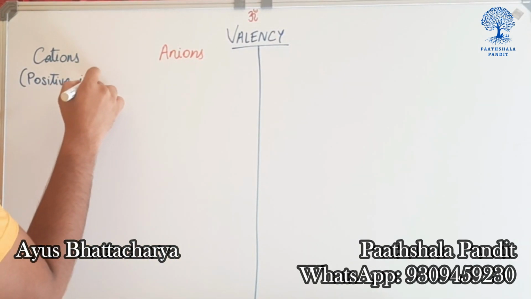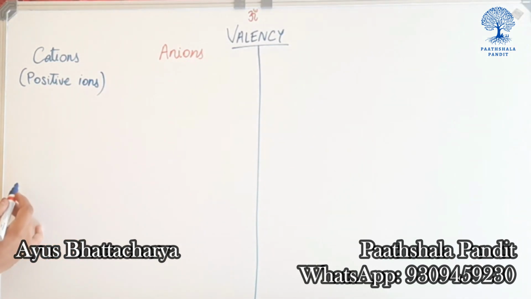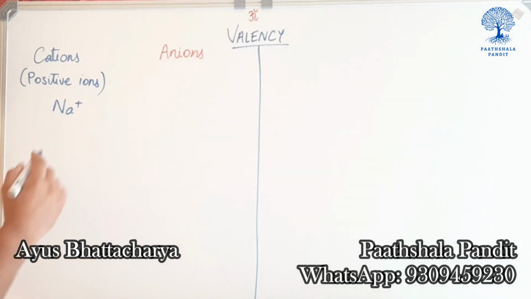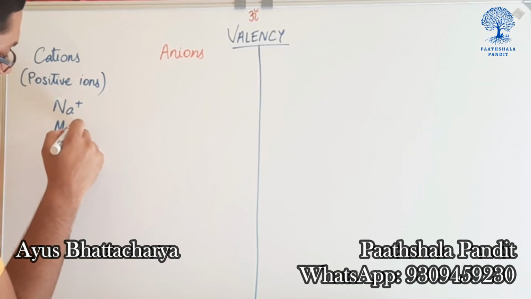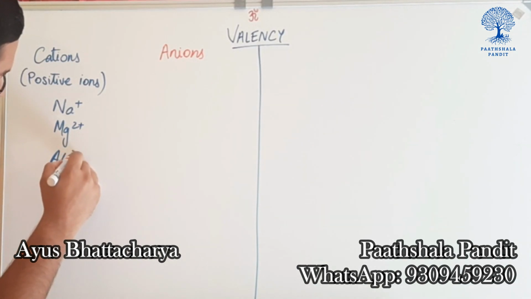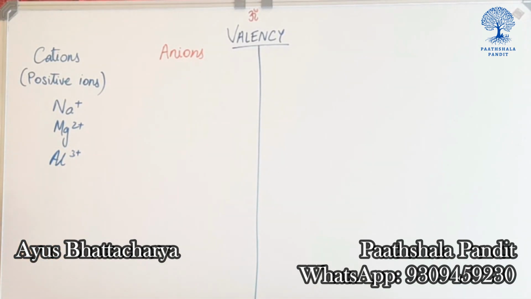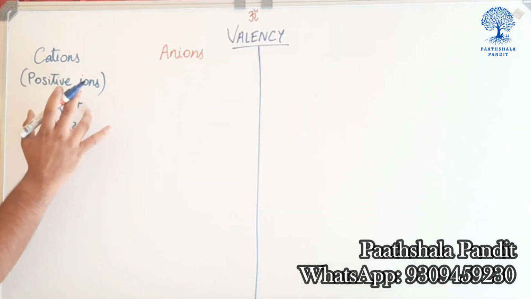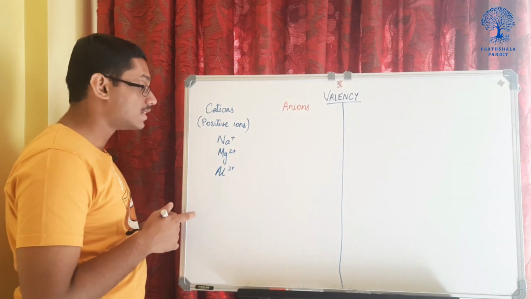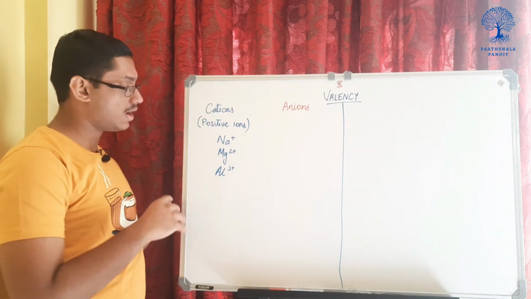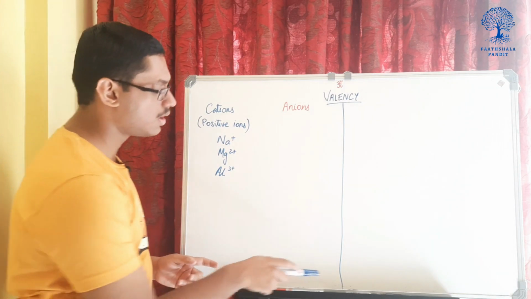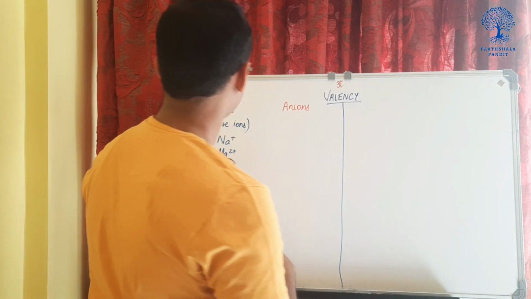Positive ions. So Na plus is positive, Mg2 plus is positive, Al3 plus is also positive. Like this, those which have a positive sign are cations, which means they have given away electrons. What are anions?